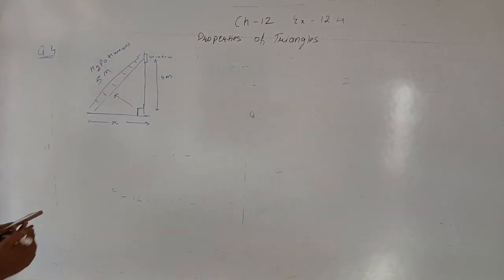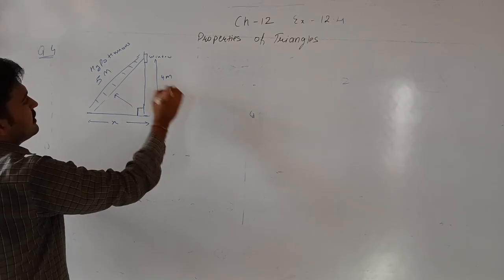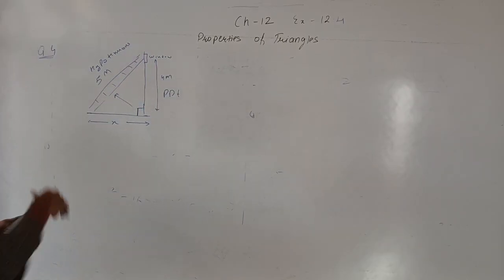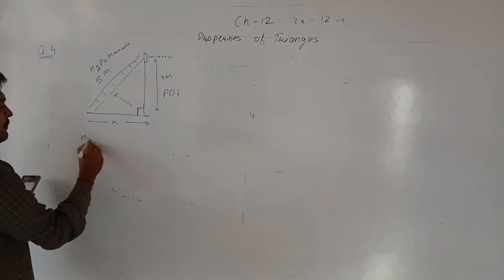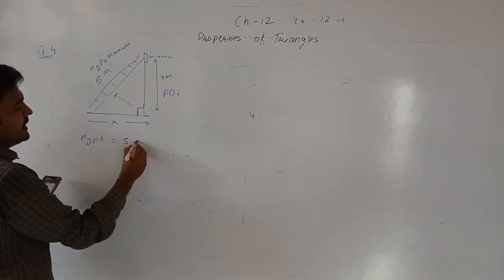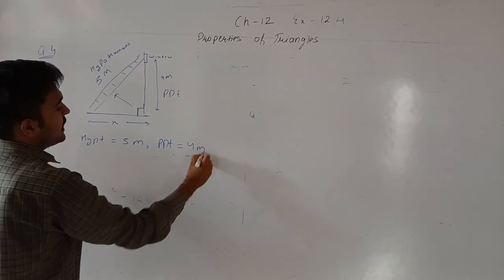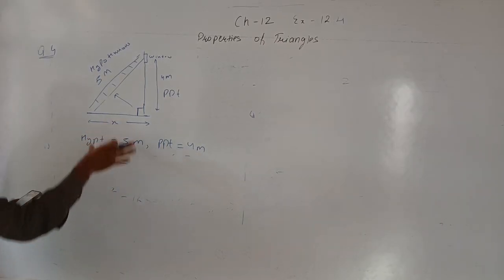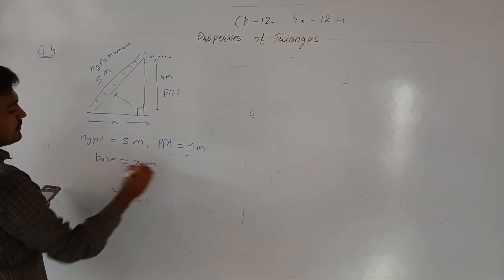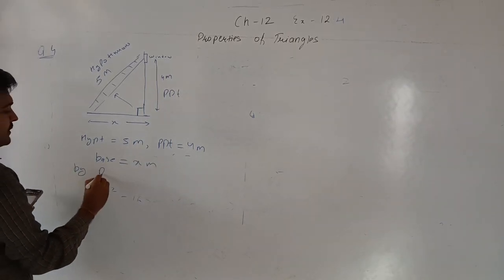So this is the hypotenuse of the triangle, and the other side 4 meter is the perpendicular, and the base we have to find. So hypotenuse is 5 meter, perpendicular is 4 meter, and let the base be x. Now we can use the Pythagoras theorem.